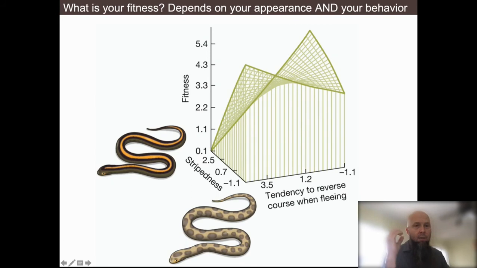And your text has just a fascinating example that's illustrated in a graph that's a little tough to decipher if you've not looked at a three-dimensional graph like this in the past. But I encourage you to think of the three-dimensional surface of this graph like a sheet of paper, right?